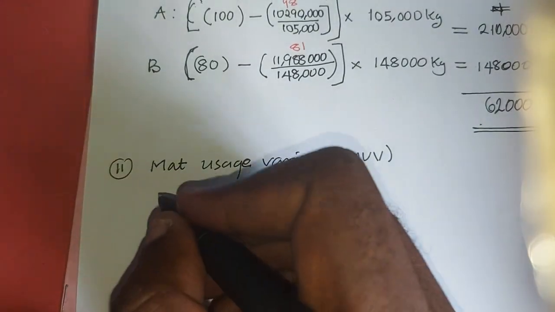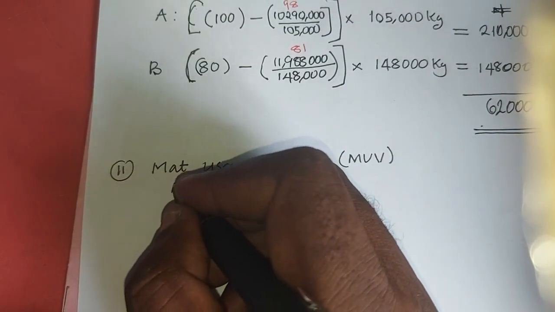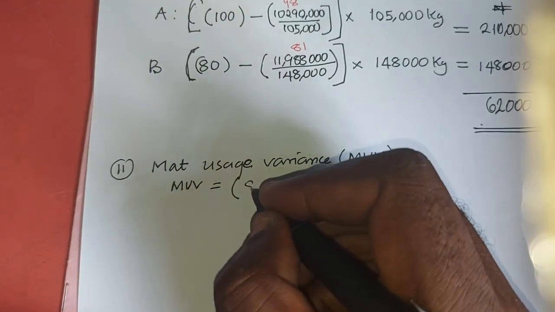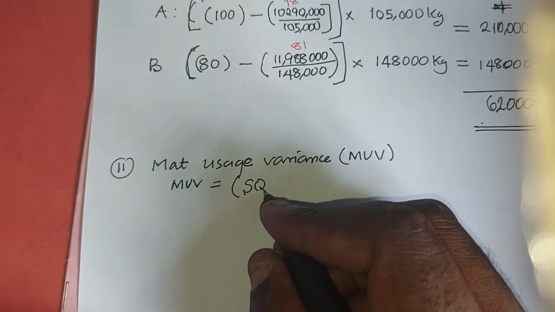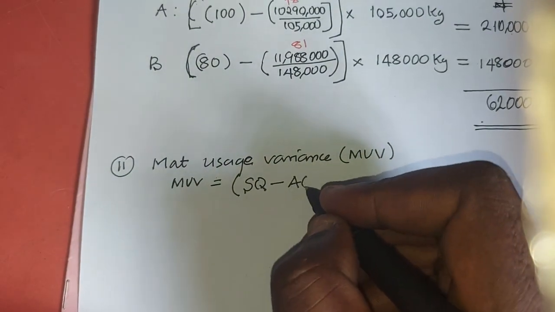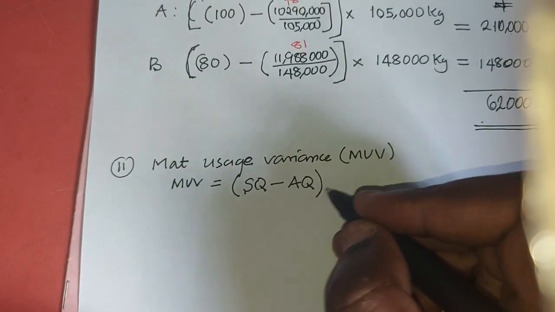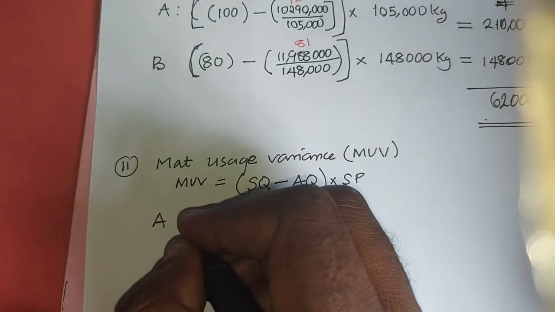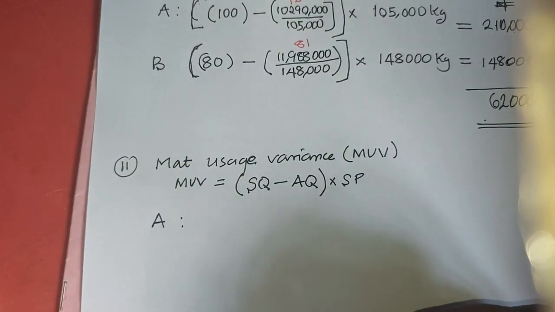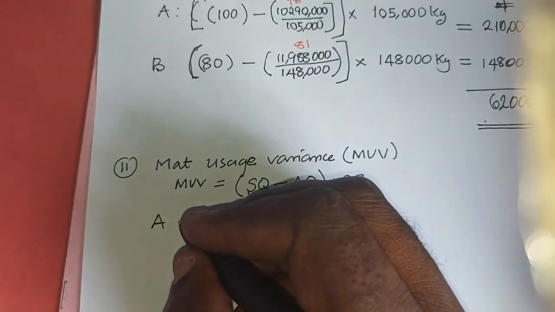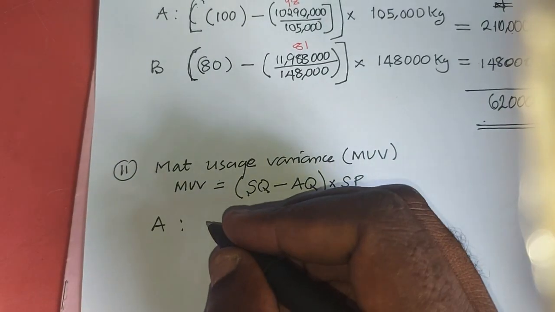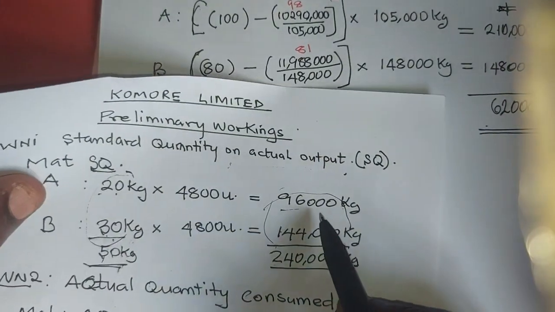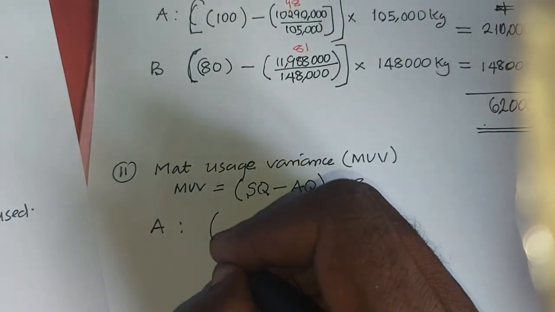Okay, so the material usage variance is calculated as standard quantity on actual output minus actual quantity consumed multiplied by the standard price. So for A, go to our working notes. In working note 1, we have the standard quantity of A is 96. So we have a bracket.